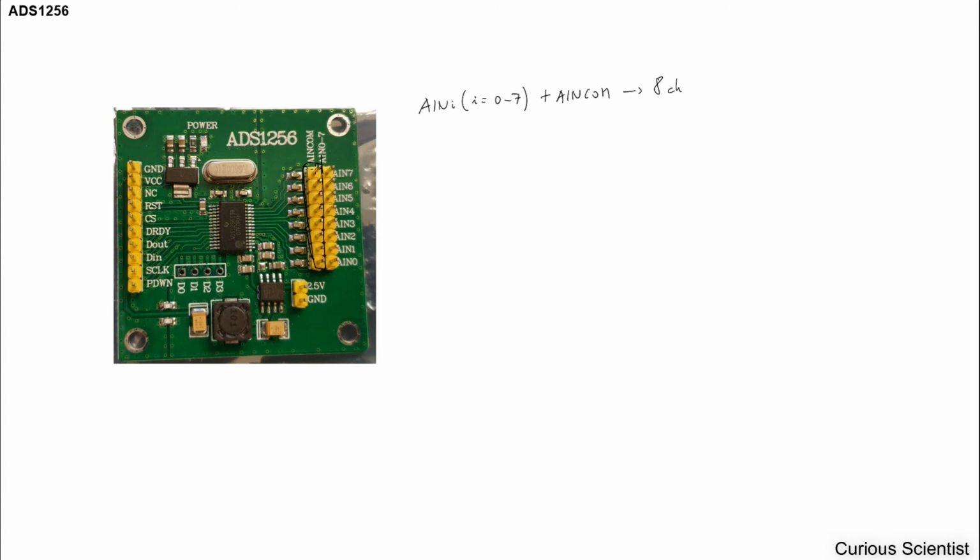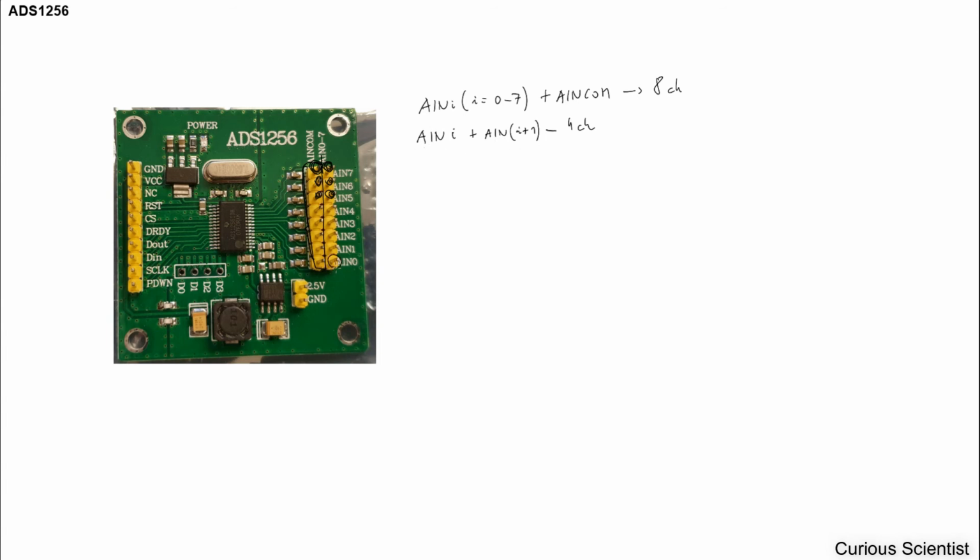For example, you choose this pin and this pin, this pin and this pin, and so on, and you have 8 channels. But if you use AIN i plus AIN i+1, then you have 4 channels, and you always have to follow this.